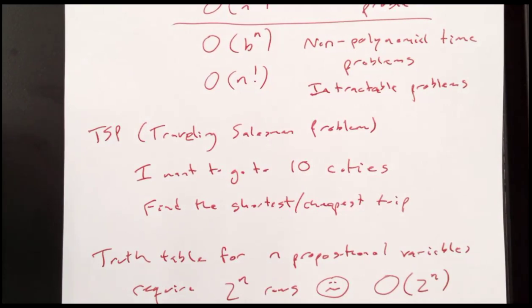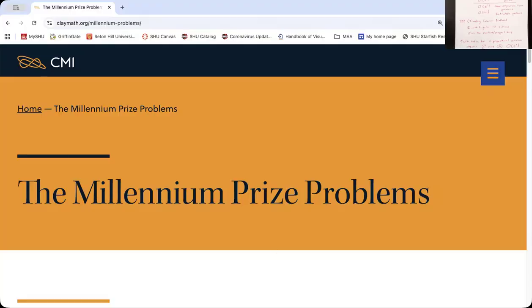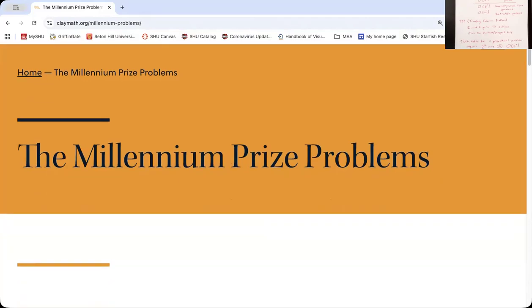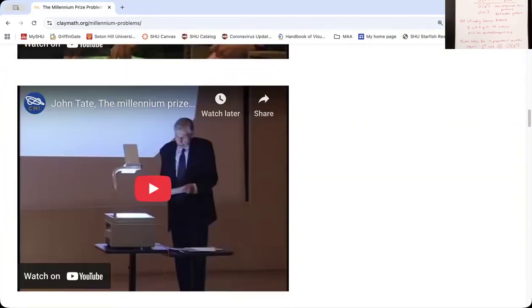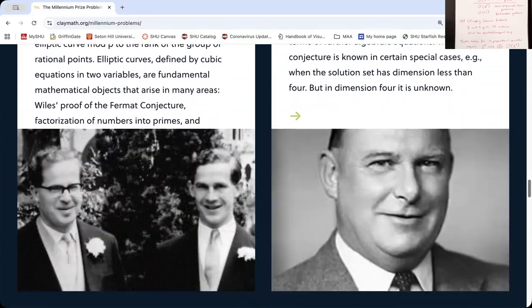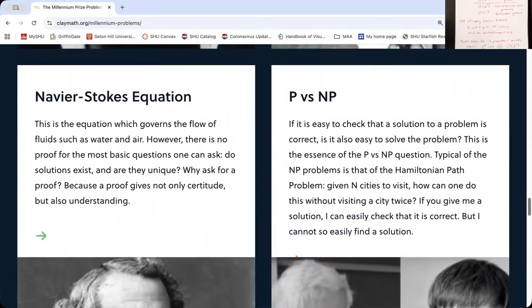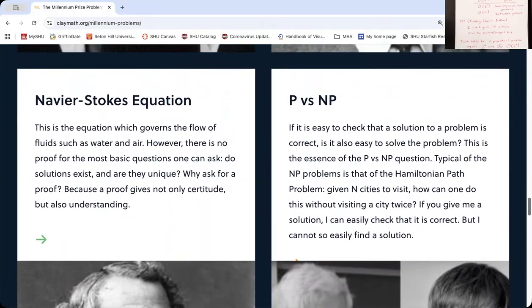So right now, the Clay Math Institute, back in 2000, created a bunch of problems they said would drive the future of research in computing and mathematics. There is a $7 million bank, $1 million for each problem.